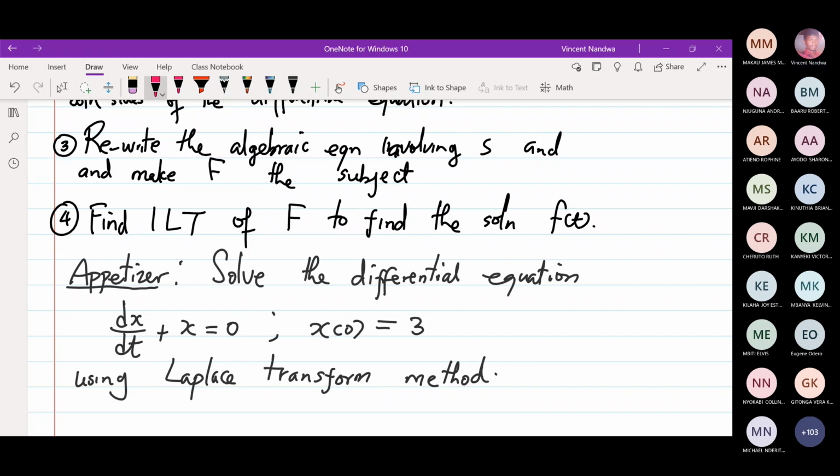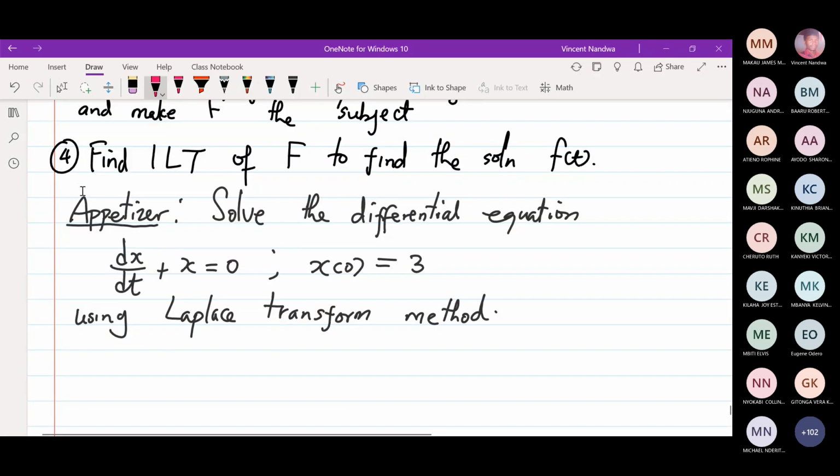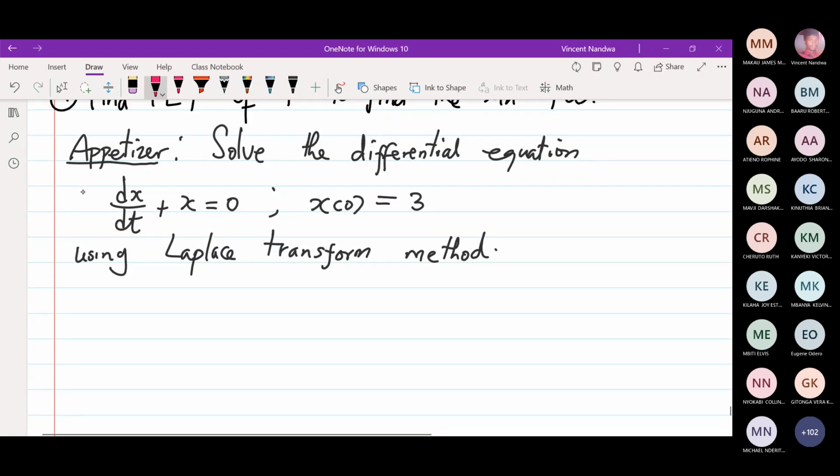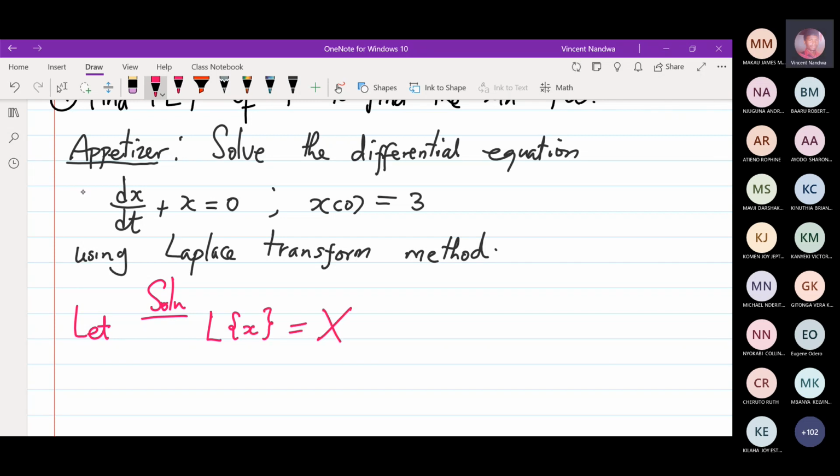So what is the first step? The function here is in terms of x. So that's like the role of f. So we say let Laplace transform of x be given by capital X of s. So let that be the Laplace transform of the function x.